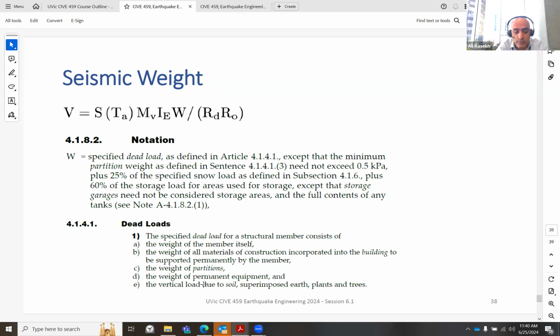Some bridges have soil on them. Nowadays, some buildings have soil on top with some trees. So don't forget those. So in earthquake weight, by W, we mean the weight of everything that we think is permanent.